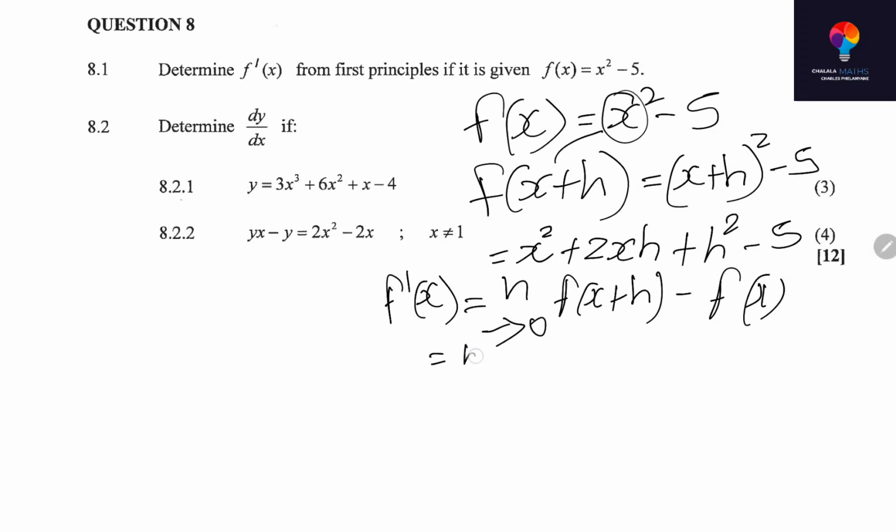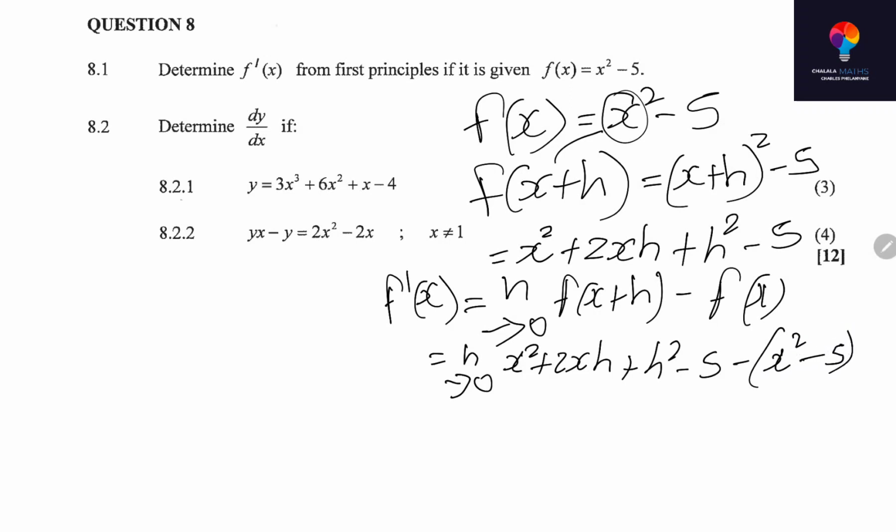We'll replace it there, which is x squared plus 2xh plus h squared minus 5. Then minus f of x, which is x squared minus 5, over h. I forgot to put the denominator here, it is an h.